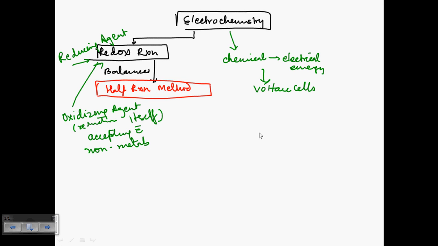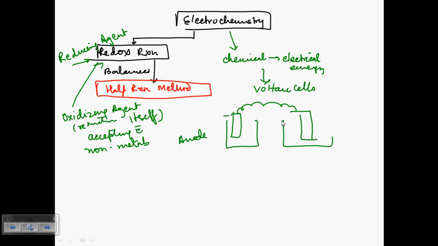And voltaic cells have an anode, which is negatively charged and is connected through an external wire to the cathode, which is positively charged. There is a salt bridge to maintain electrical neutrality, and at the anode oxidation happens and at the cathode reduction happens.